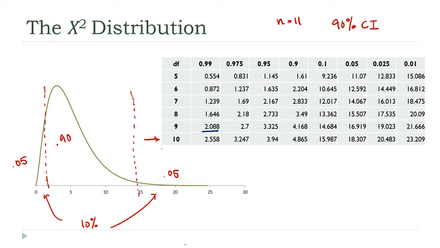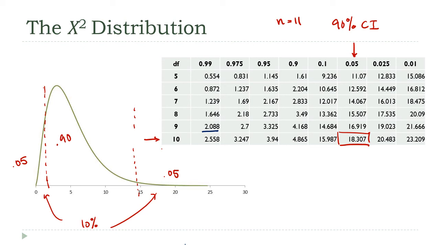Now the 0.05 above is easy to find. I'm going to look at the 0.05 column, go down to the 10 row, and I get 18.307.